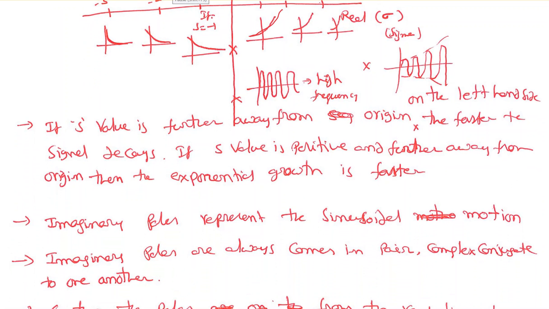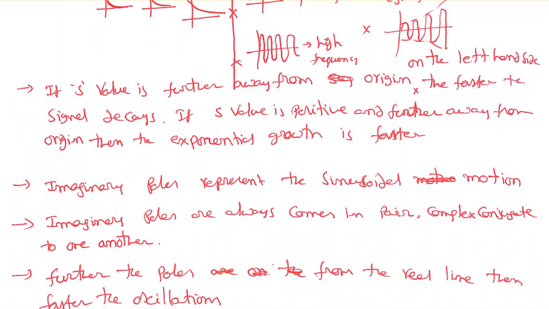Imaginary poles represent sinusoidal motion, and imaginary poles always come in pairs, complex conjugates of one another. If a system has imaginary poles, definitely those poles are complex conjugates. So if one pole is say 2 plus j4, definitely we'll have a pole of 2 minus j4.